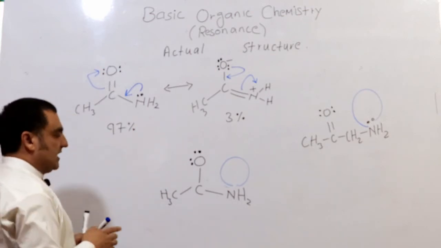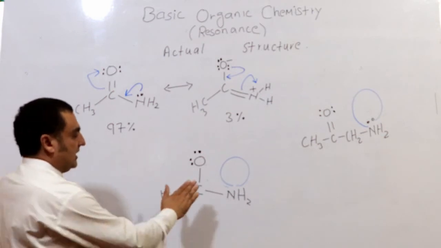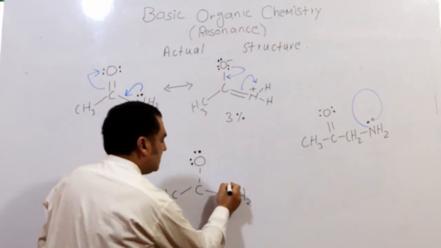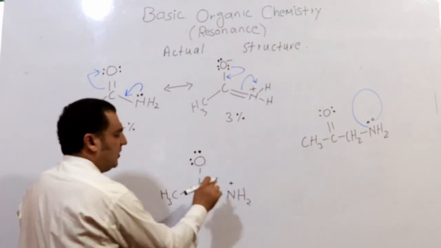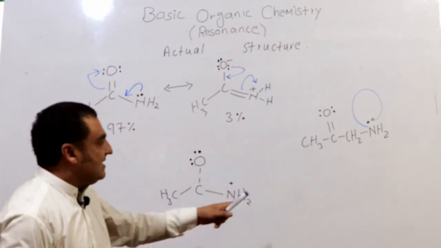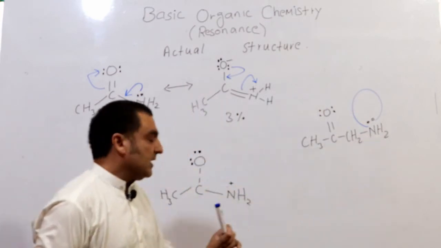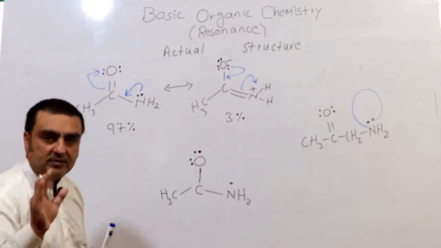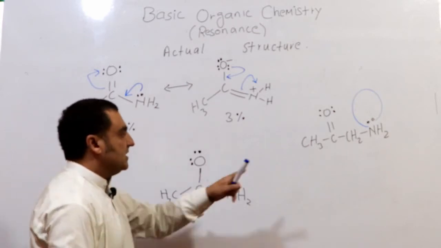So in reality, the actual structure has a little bit less electron density on nitrogen than this one, and the oxygen acquires a little bit of negative charge.